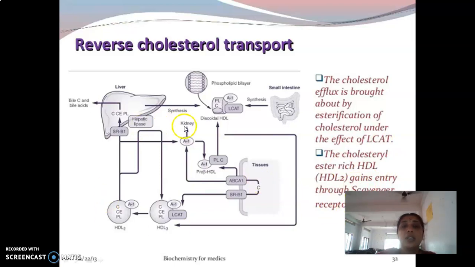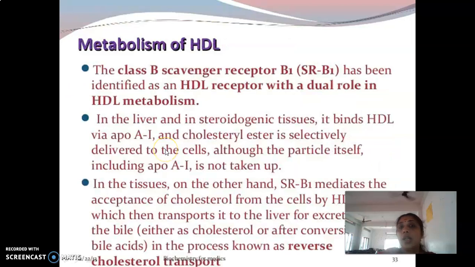So the liver synthesizes discoid HDL. Discoid HDL will now move towards the peripheral tissues, collect all the cholesterol and cholesterol esters, and they will be taken back into the liver, and this cholesterol and cholesterol esters will finally be secreted in the bile, right? So this is known as reverse cholesterol transport.